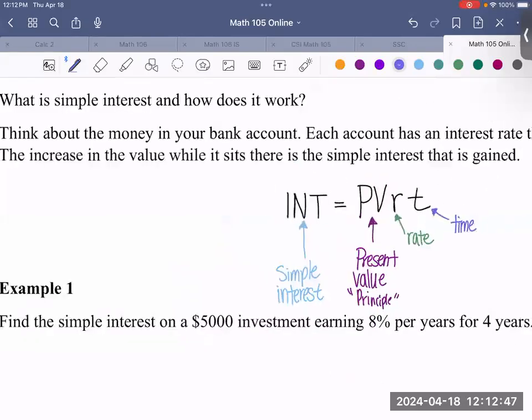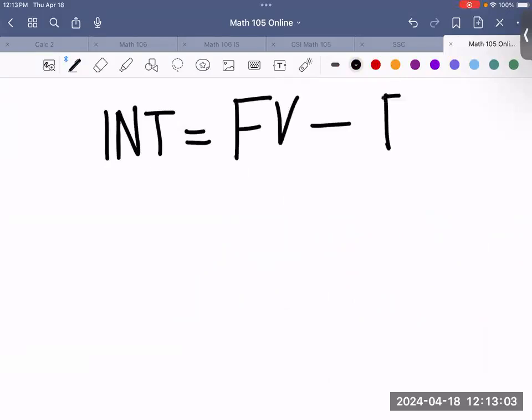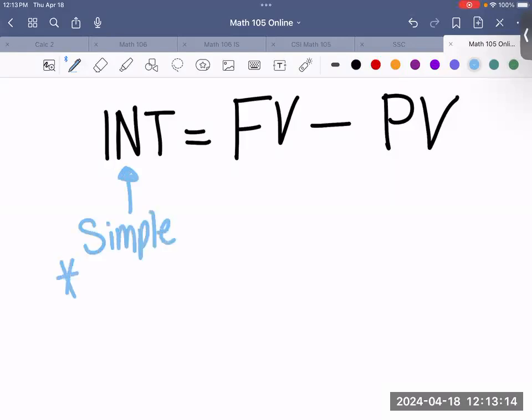Now, interest also has another equation, which I prefer a little bit more over this one. So your interest is equal to your future value minus your present value. Now, this goes for any sort of period. This is great for simple, and more specifically, we'll learn compounding.